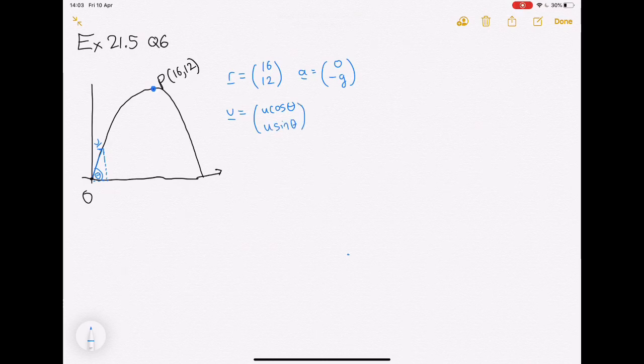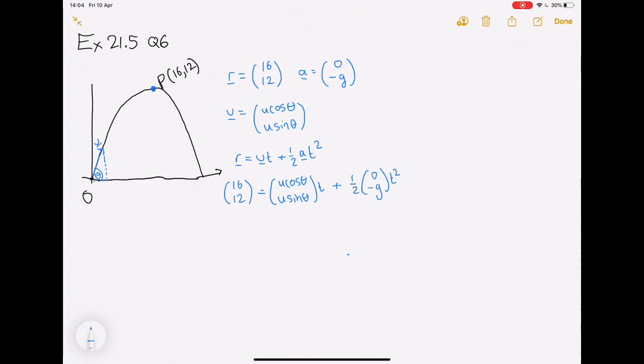Well, what we need to do now is put this into the suvat equation, r equals ut plus a half a t squared. So we get (16, 12) equals (u cos theta, u sine theta) times t plus a half of (0, minus g) t squared.